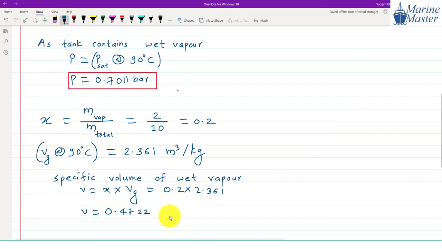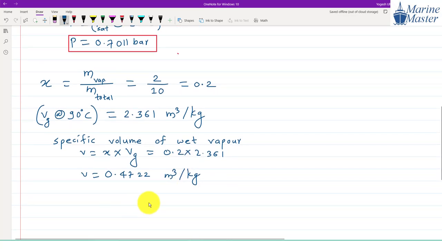We come to know by writing the unit properly, meter cube per kg. Always write down the units. So we got the specific volume.